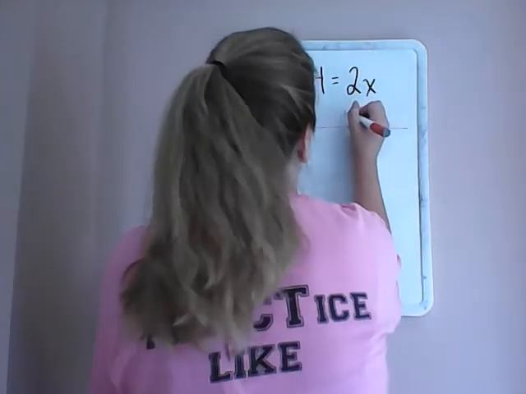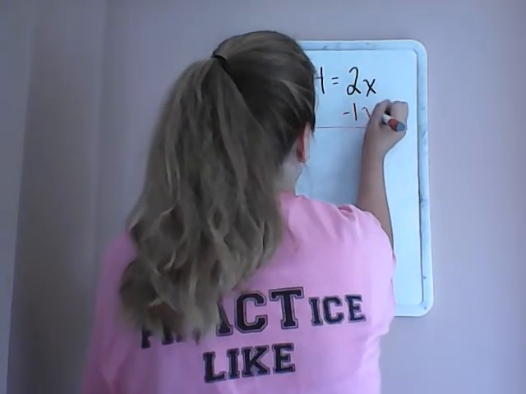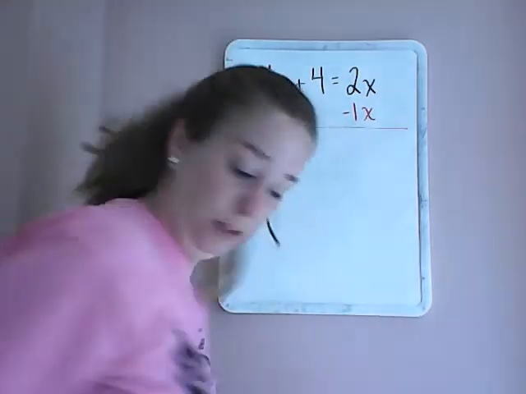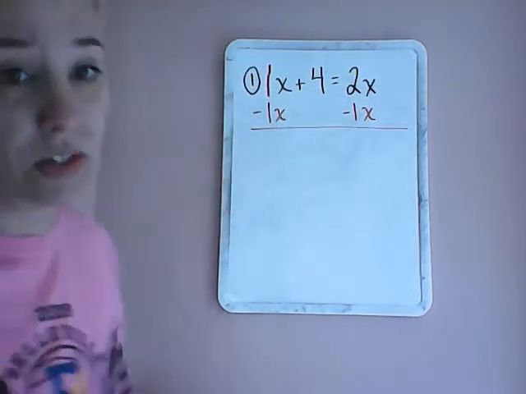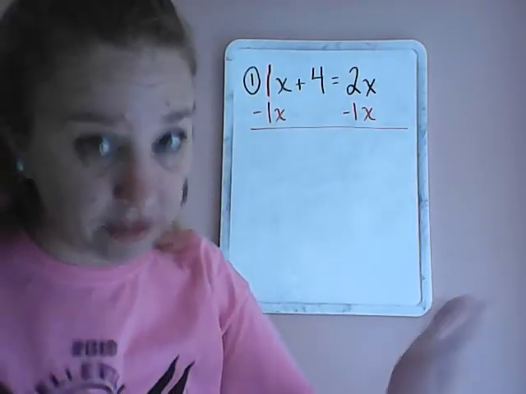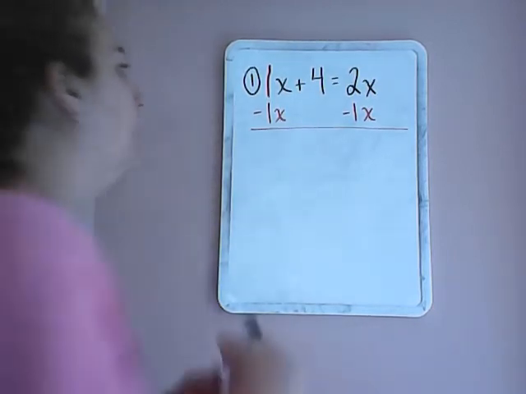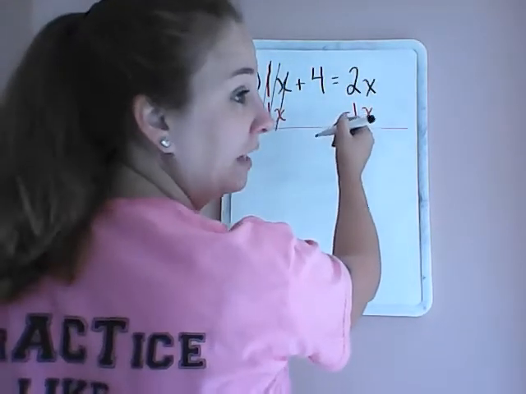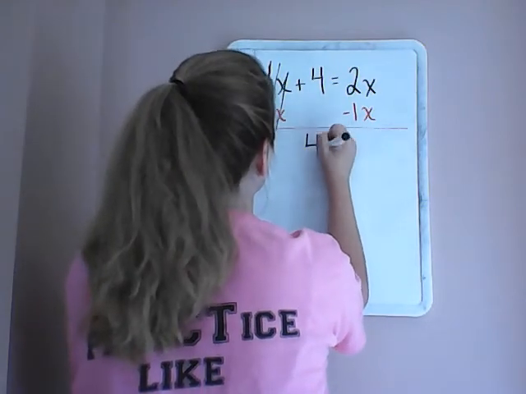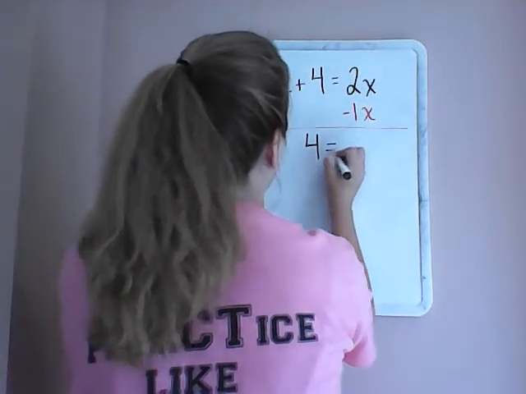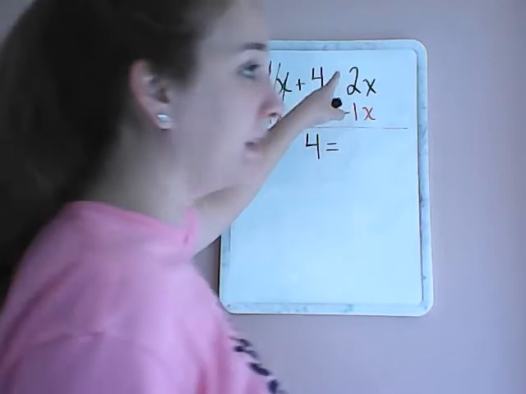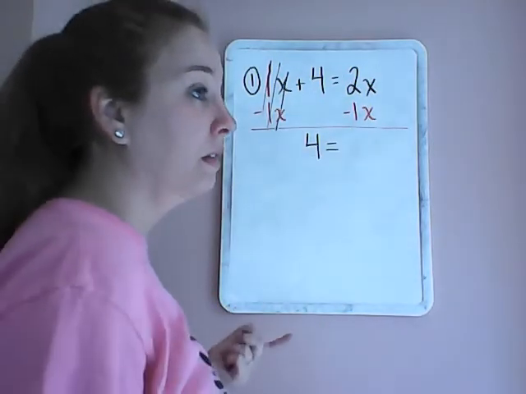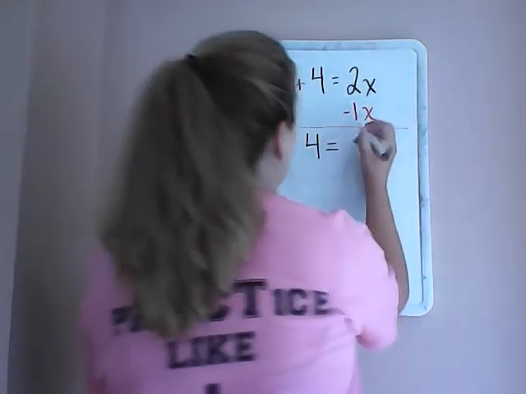So I'm going to subtract 1x from here. Okay, cool. So 1x minus 1x, anything minus itself is 0. That's why we did that. It's gone, canceled, cancel, cancel, right? And the only thing left over here is this positive 4. Equal sign comes down. 2x minus 1x, 2 minus 1, right, is 1x.